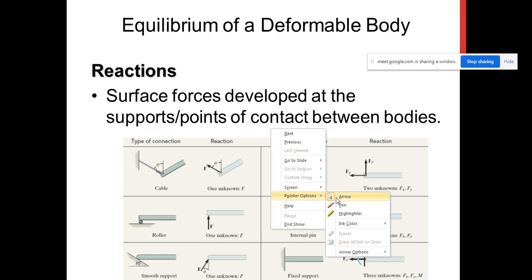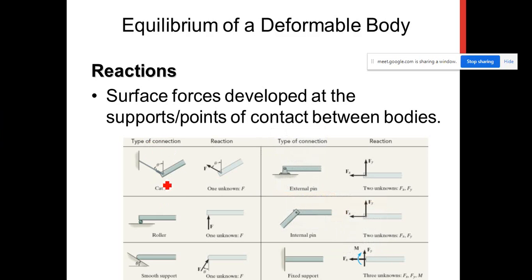If you have a cable connection, you can represent this type of connection by one reaction force.